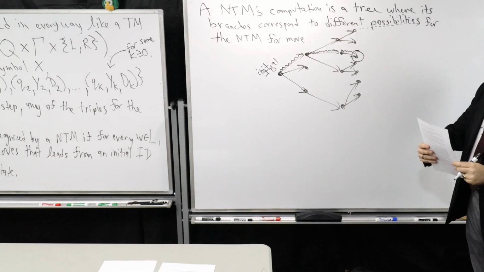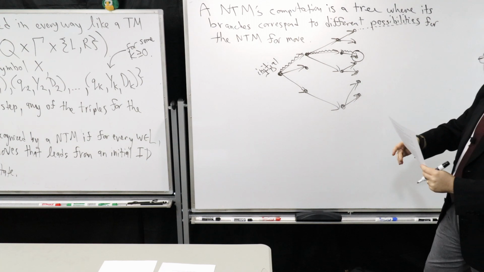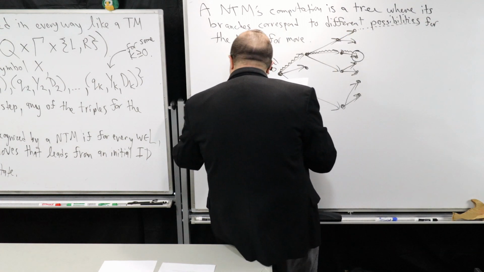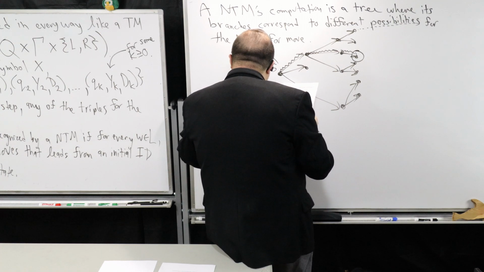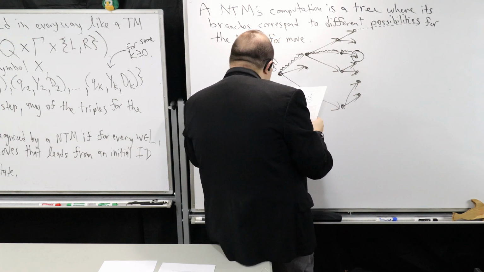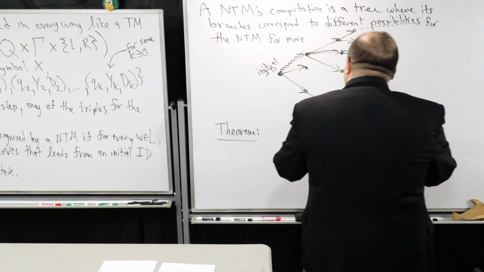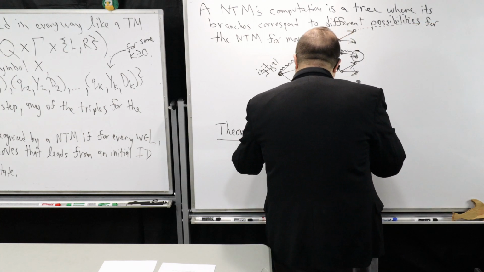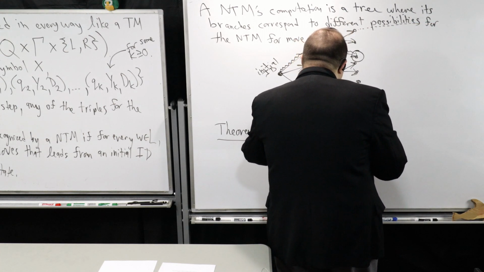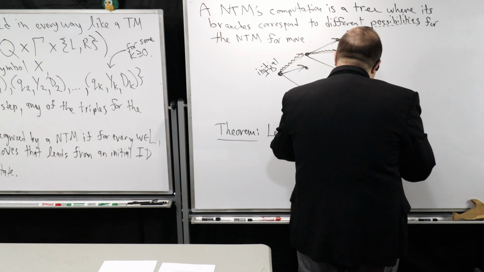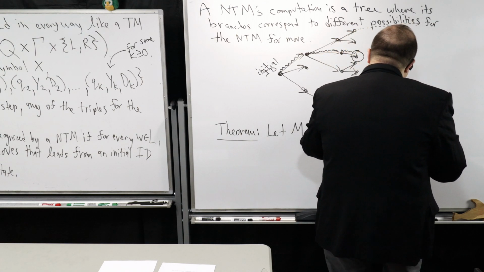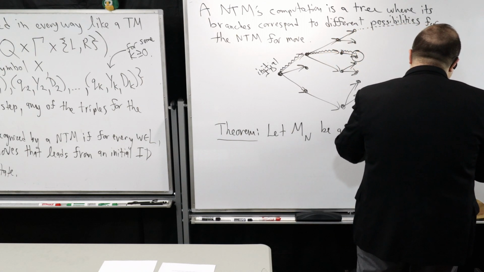So here's the theorem I want to present to you. I'm not going to have time to go into all the details about this, so I'm going to state it for you, and I'm going to give you the idea of how it works. And then I'm going to give you one last thing. Let Mn be a non-deterministic Turing machine.